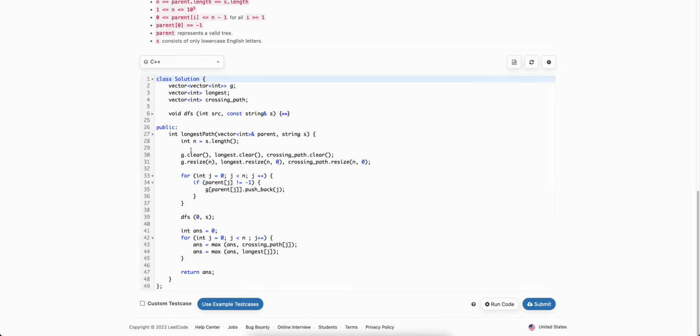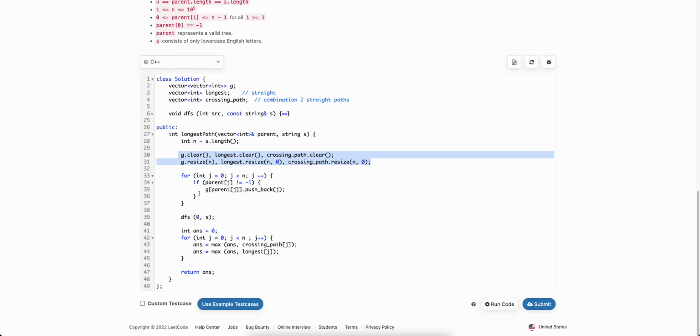The code is very simple. First, we have these two paths, the crossing path and the longest path, as we have discussed. One is the longest path, which is a straight path, and the other is a crossing path, which is a combination of two straight paths. Initially we initialize everything to 0.